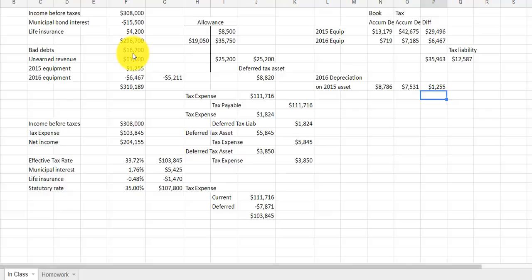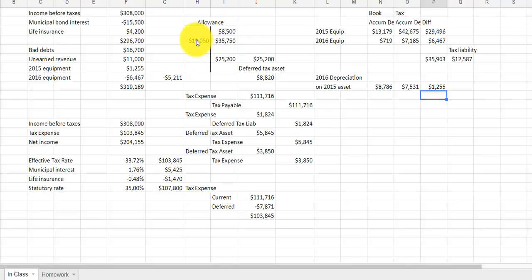Then we can look at our temporary differences. The first one we're going to consider is bad debts again, just like last year. But this year we're going to actually create the allowance to make sure that it's clear in our mind how this is working. This is what the allowance account would look like. $8,500 from the year before.